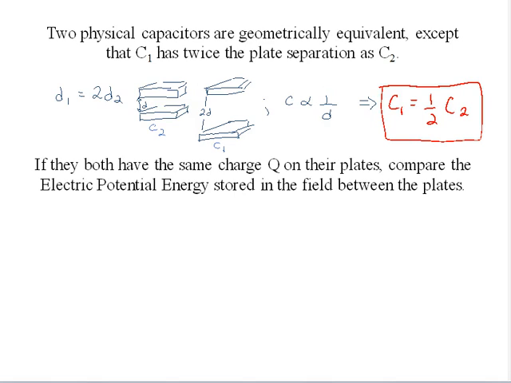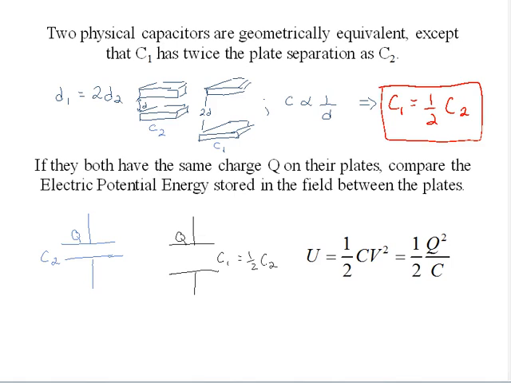So now, if they have the same charge on their plates, we want to compare the electric potential energy stored in the field between their plates. Showing the same charge on the plates, we know capacitor 1 has half the capacitance, and now we have two theories for electric potential energy.